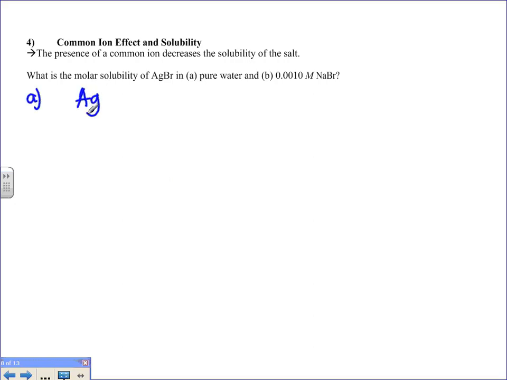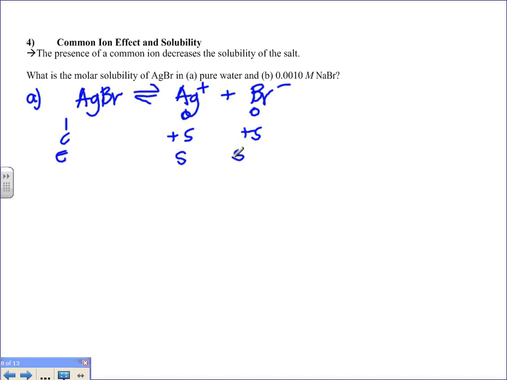So the equilibrium that we're studying here is AgBr. If we've got it in pure water, when we look at our ICE chart, essentially we start with 0. So we've got 0, plus S, plus S. So the solubility of this is found by using S squared is equal to the Ksp.